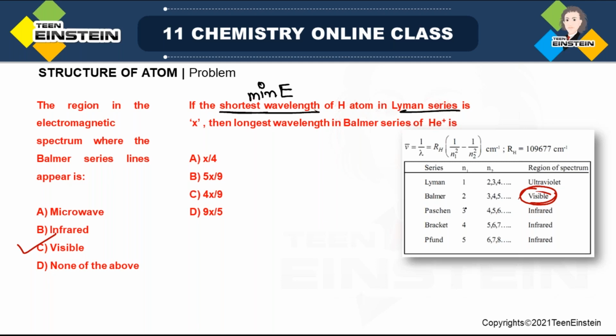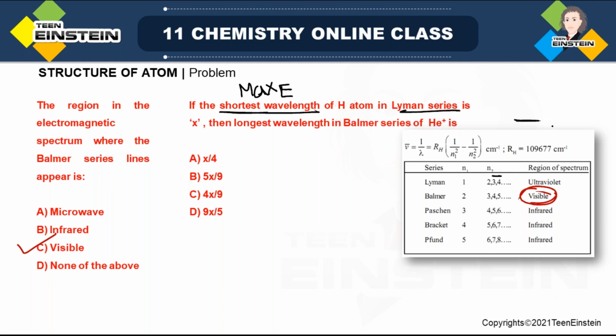Now when it is 2 to 1, obviously there is an energy gap, and when it is 3 to 1, now the energy gap will be high. But it is mentioned shortest wavelength, sorry, it means maximum energy. Now maximum energy means what? n2 must be infinity, right? Then only maximum is possible.